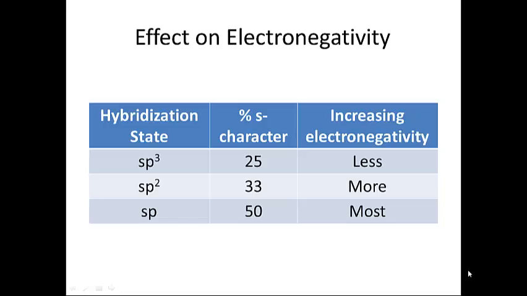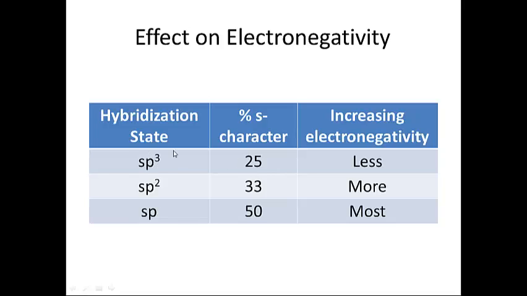The last thing that we're going to discuss in reference to hybridization is the effect of hybridization on electronegativity. What you'll notice in the table here, we have sp3, sp2, and sp as the three different hybridization states. For sp3, if we think about all four of the orbitals added together equaling 100%, 25% of those orbitals would be s, and the other 75% would be p.